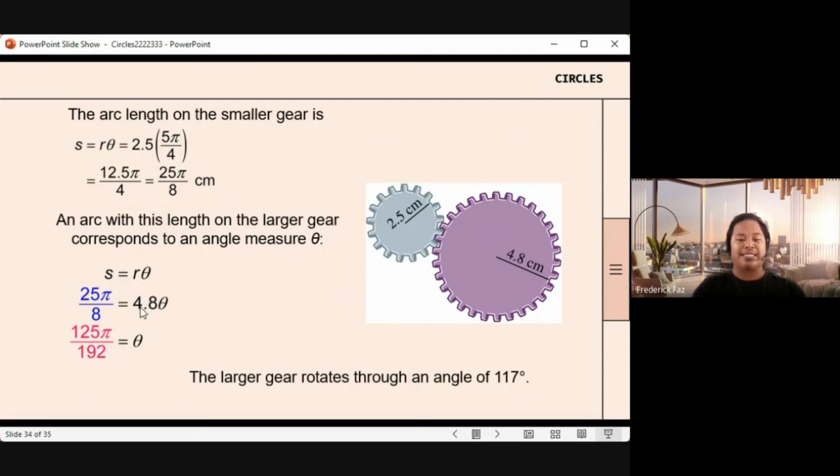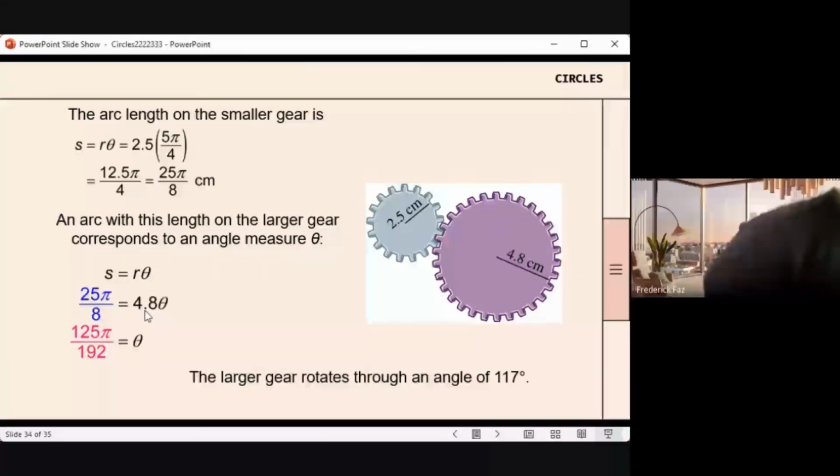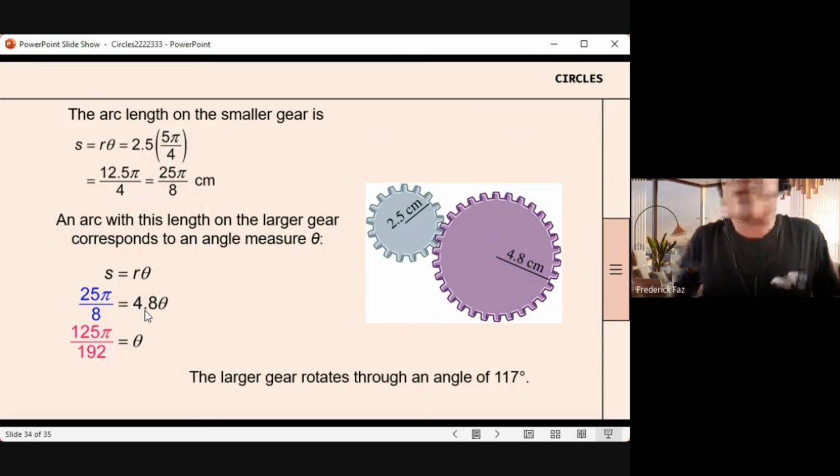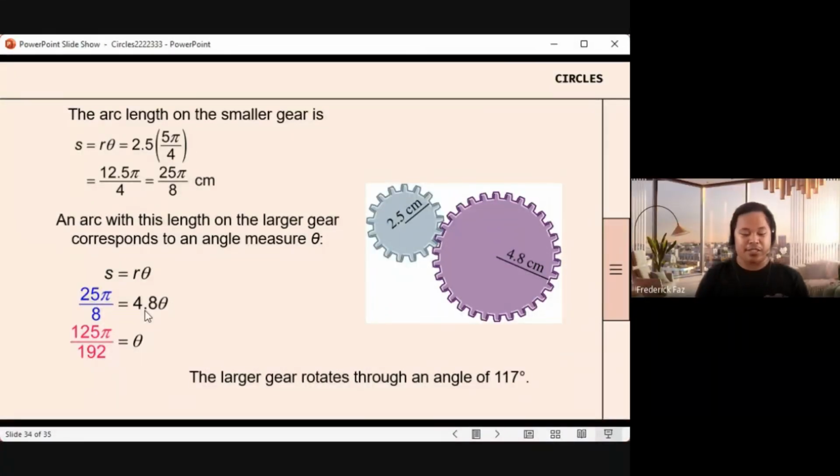Ang 4.8 po kasi, kapag gawin po natin siyang fraction, is equal to 24 over 5, di ba po?